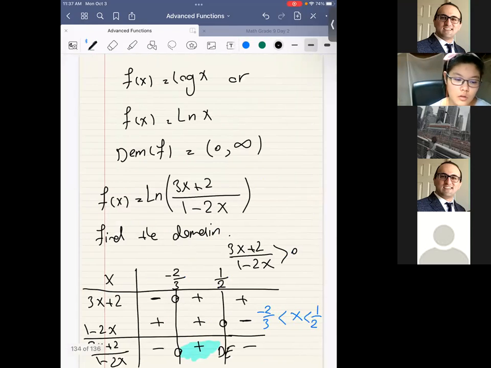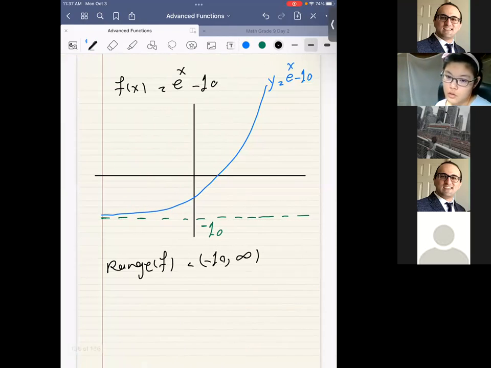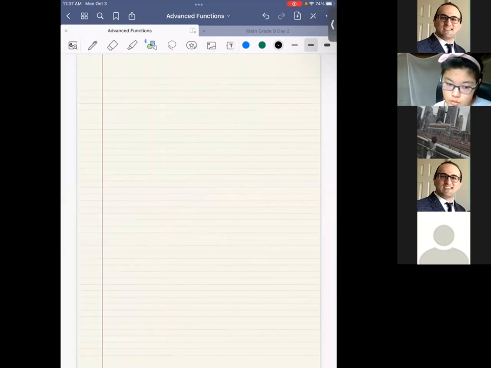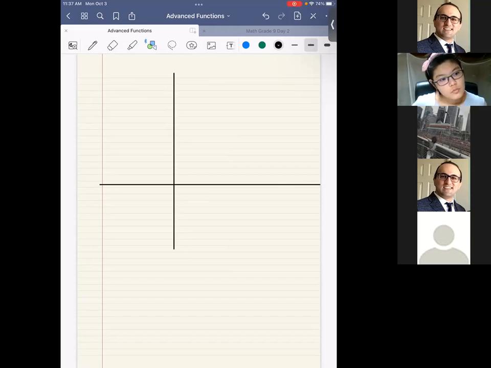What is the range of ln or log? Real numbers. Every real number, the set of all real numbers. Because log is something like this, and it goes forever. So the range of this one is all real numbers.